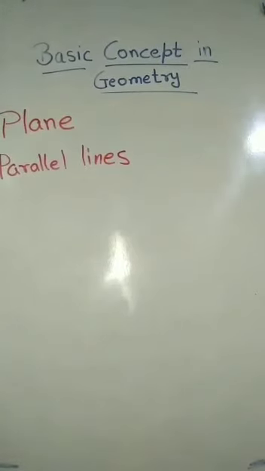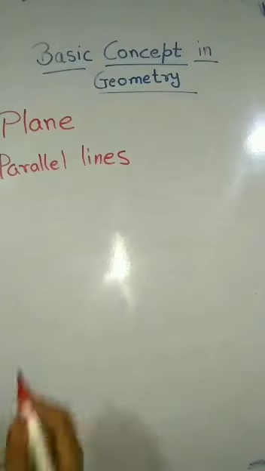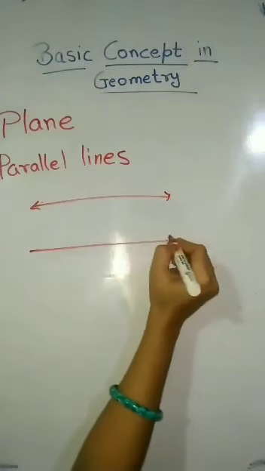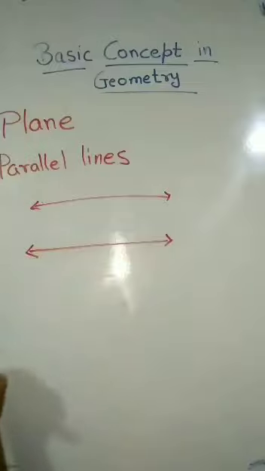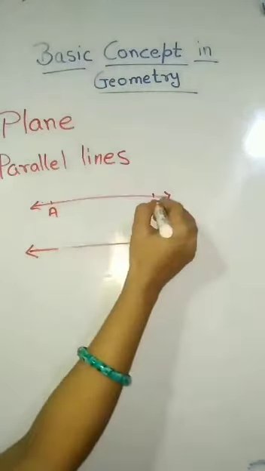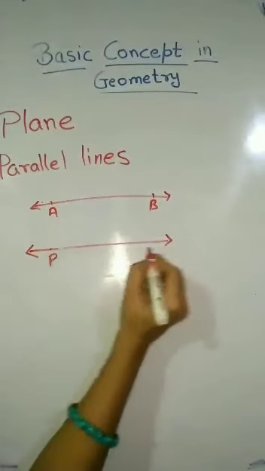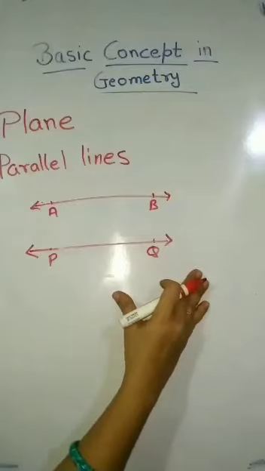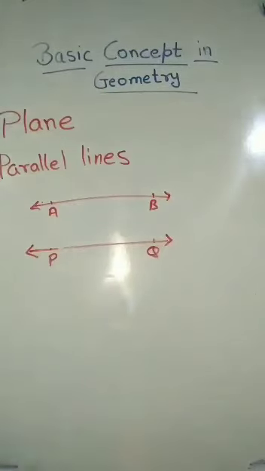Now move to the next concept, that is parallel lines. The lines which lie in the same plane but do not intersect are said to be parallel to each other. Means if this is one line, line AB, and this is the second line, line PQ, then these lines are lying in the same plane and do not intersect each other.